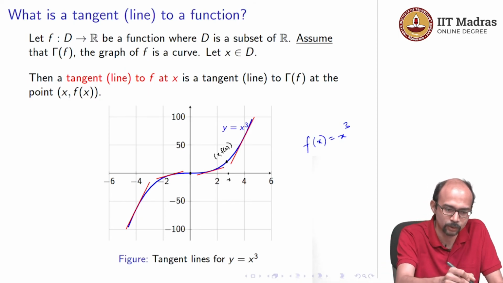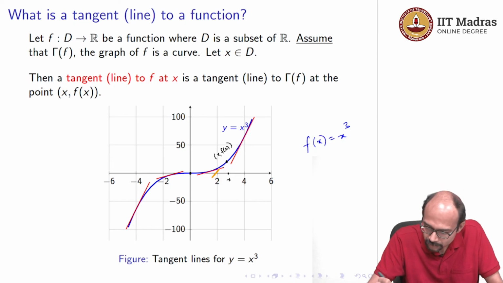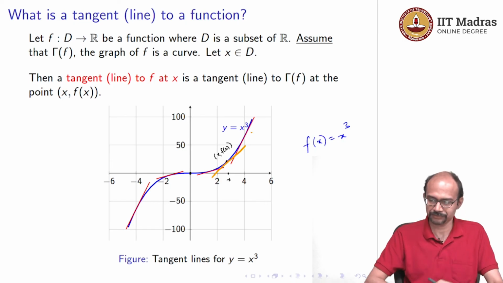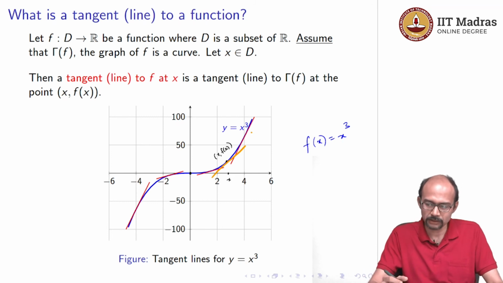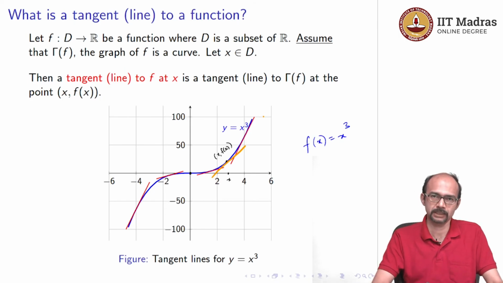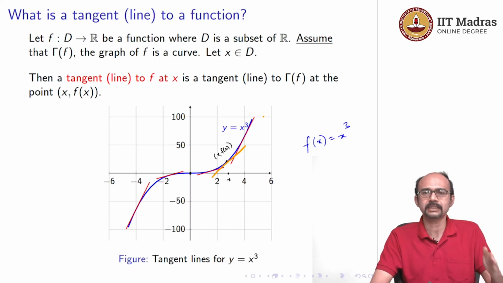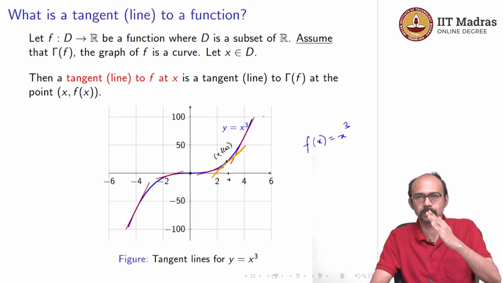So here the tangent line is going to be given by something like this. Okay, so I have drawn these various tangent lines. You have this red line and this red line, and then I have drawn this orange line for the arbitrary point x that we chose, and you can see that the tangent lines are moving in a very nice way. They also keep changing.